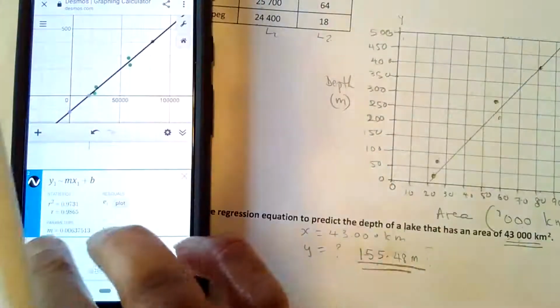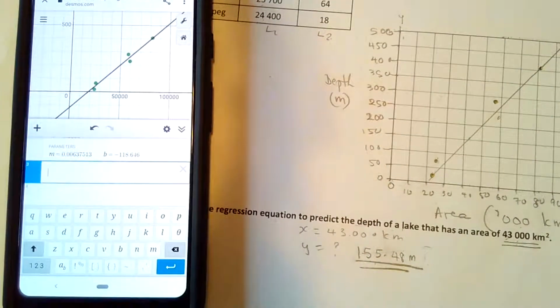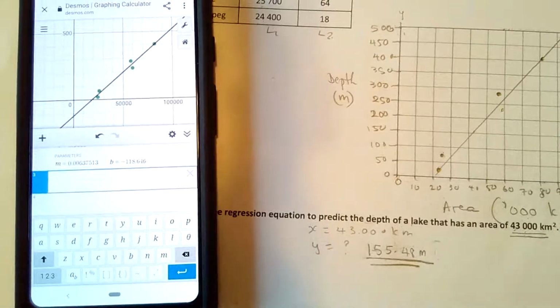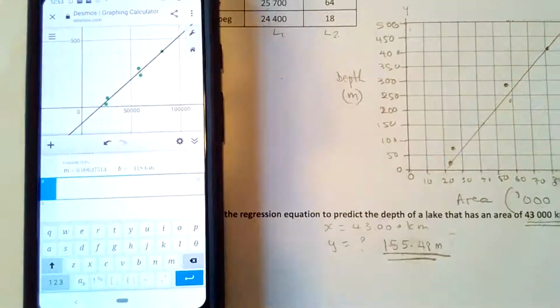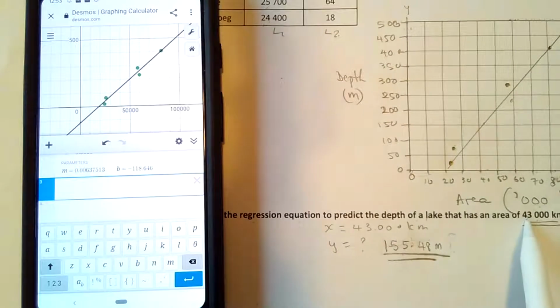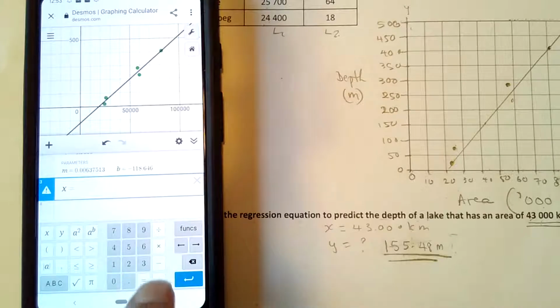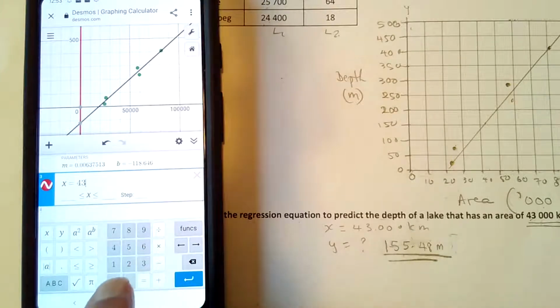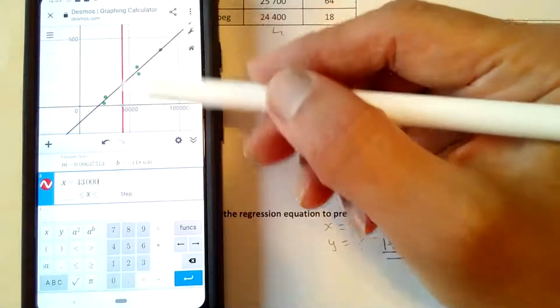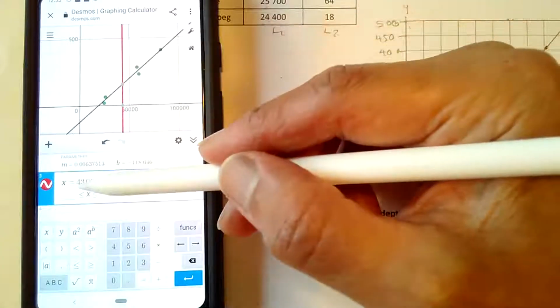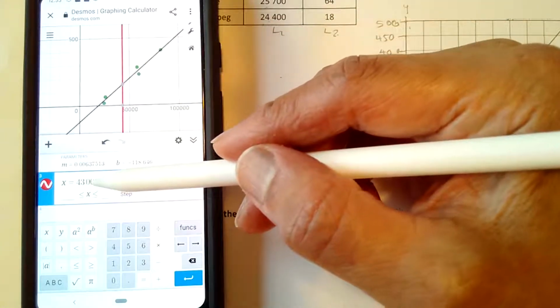Now I need to go to my next line here, line 3, and let x be 43,000. So we got x, go back to this button here, x equal to 43000. And there is our line here, represents the x equal 43,000.